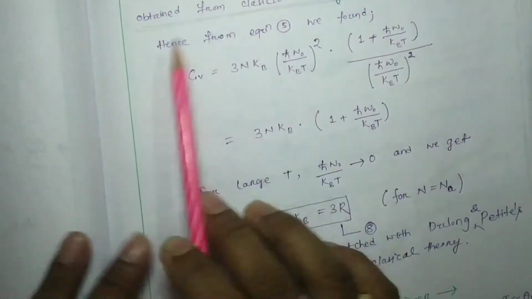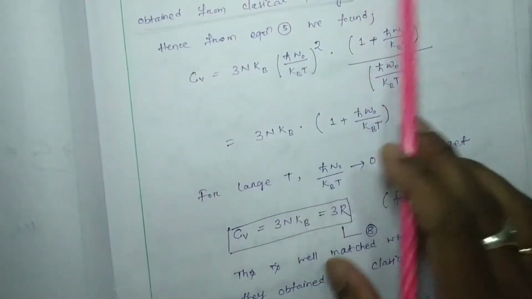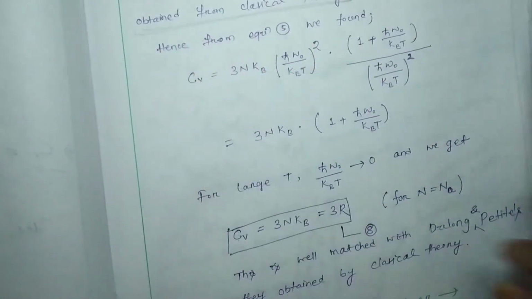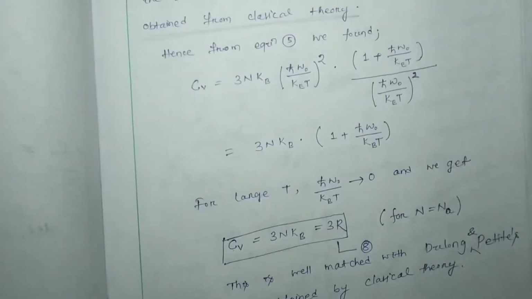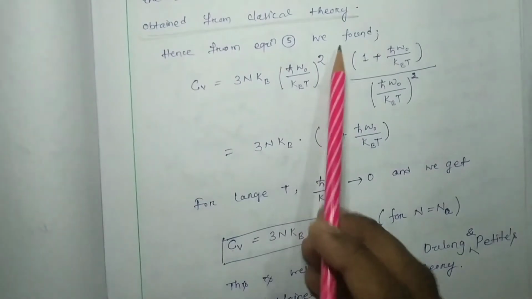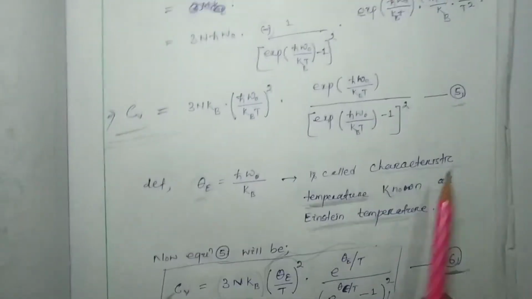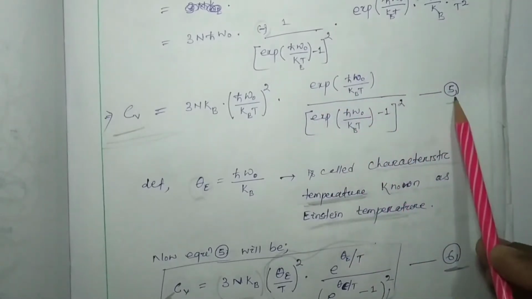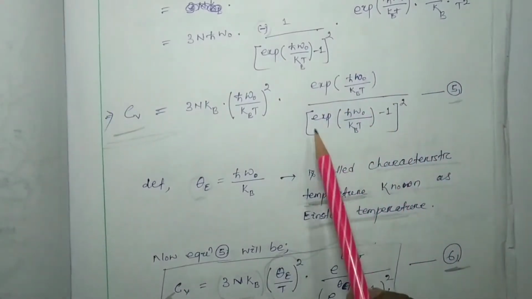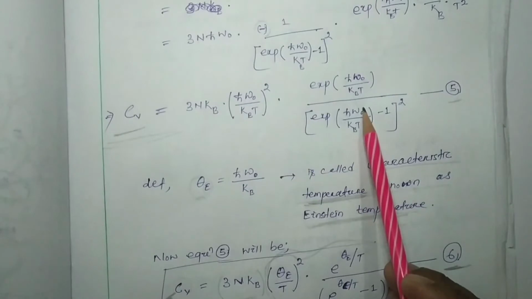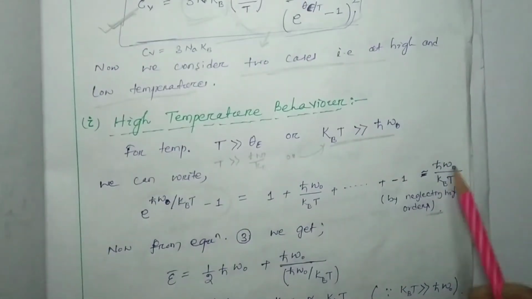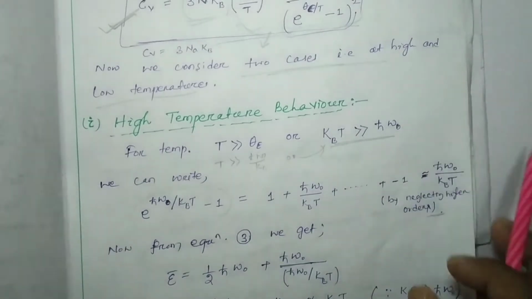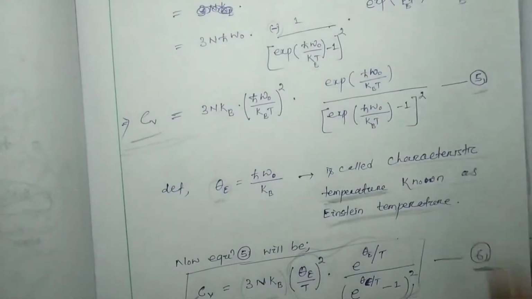Only for that I have written it like this: it is the same as that obtained from the classical theory. Hence, from equation number 5, how will it be modified? See, for the exponent of h cross omega 0 by kBT minus 1, we substitute h cross omega 0 by kBT into equation number 5.